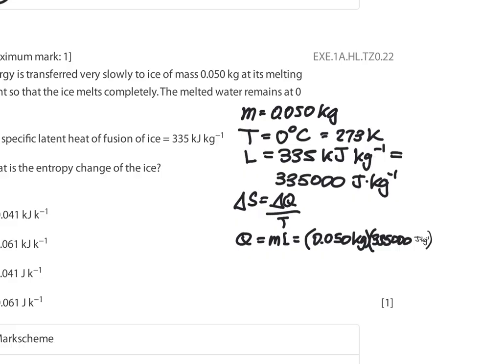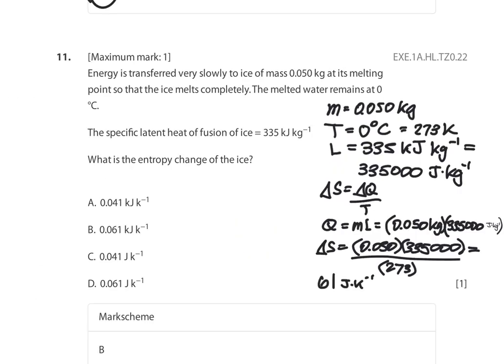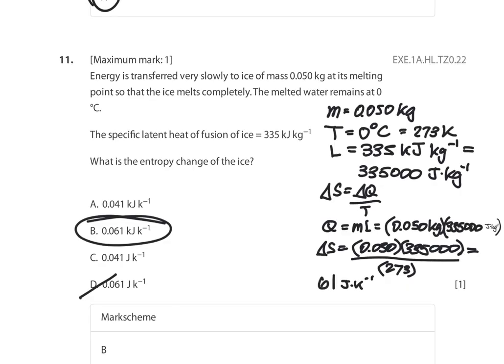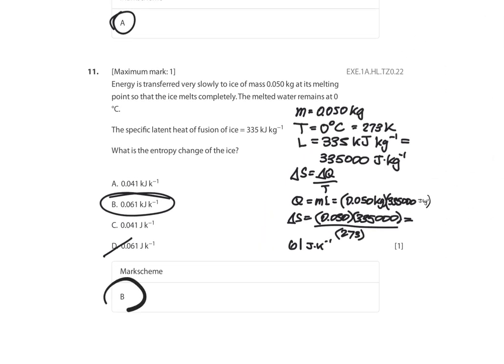So it's the mass times the latent heat, which is going to give me the actual heat in the exchange. Okay, we wind up with 61 joules per Kelvin. And so that's not a choice, but it's not 0.061 joules per Kelvin, but rather it is 0.061 kilojoules per Kelvin. I don't know why they're using lowercase for Kelvin. That's a typo. But anyway, yes, it is B.